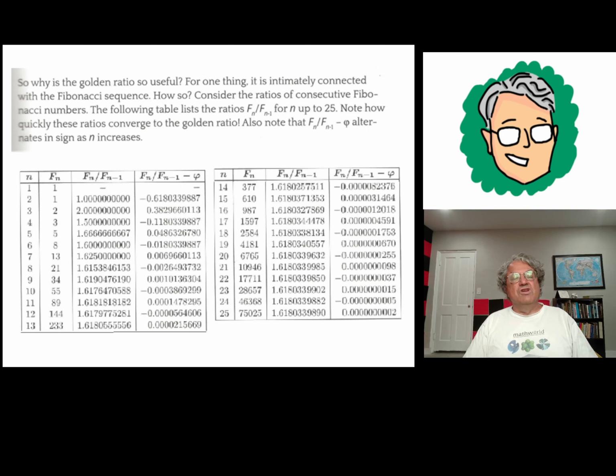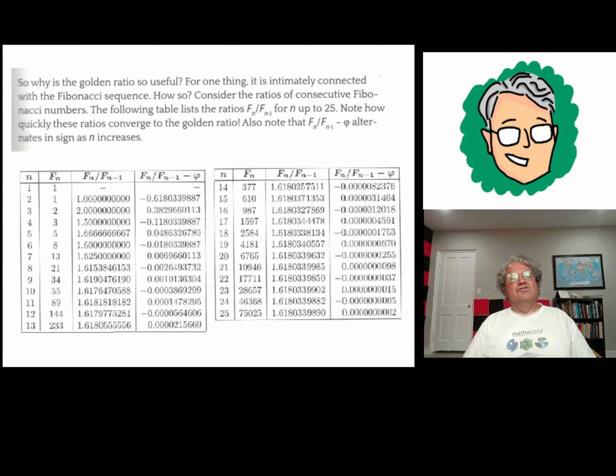So, for instance, yesterday I talked about the Fibonacci sequence, which begins 1, 1, 2, 3, 5, 8, and so on. And these numbers grow pretty fast. I have them listed up to the 25th Fibonacci number, which is 75,025, a pretty big number. But let's just look at the ratio of consecutive Fibonacci numbers.